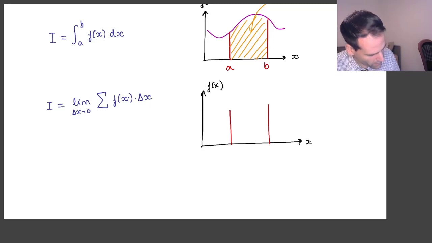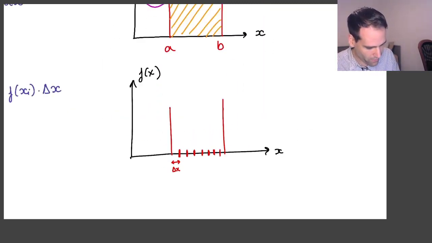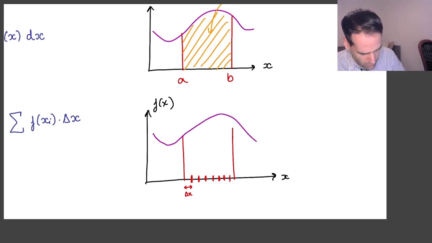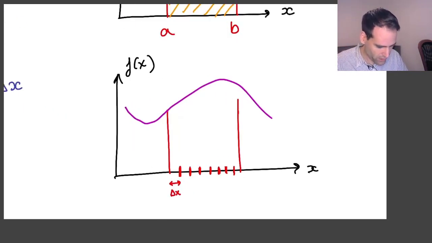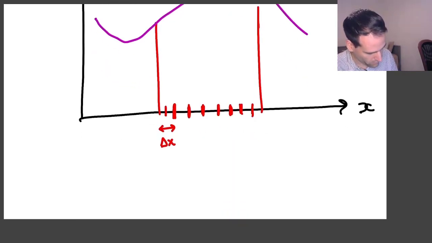These sections have a thickness or a width given by delta x. Then we have our function, which is the same function as we had before. Let me try to draw it, similar function. Then for each interval delta x, for example in this first interval, we choose a point inside the interval which we call xi.